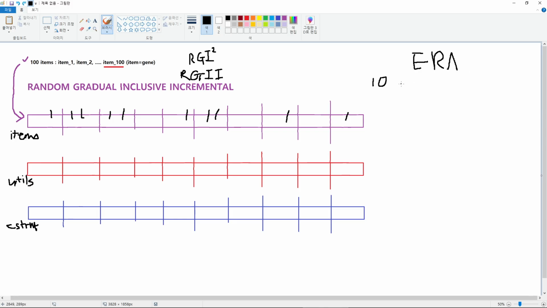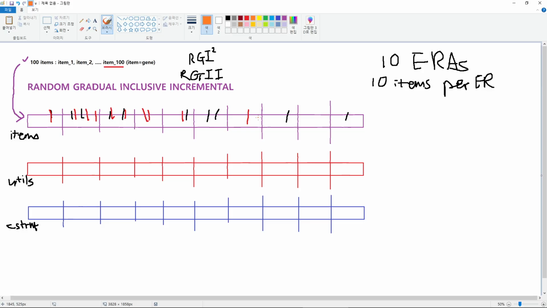And then 10 items will be added per era. So for the first era, 10 items chosen. For the second era, another 10 items chosen. So in the second era there will be 20 items, including the items from the first era.